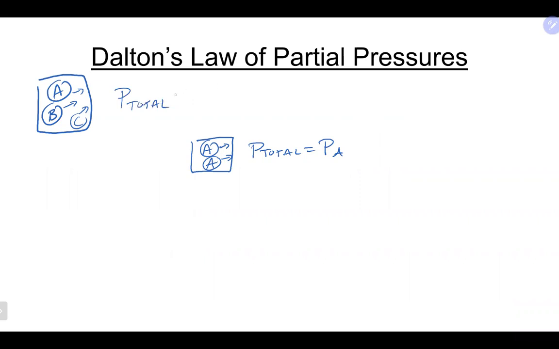And the total pressure here would be the pressure of gas A plus the pressure of gas B plus the pressure of gas C. Because they all are contributing to the overall pressure of this mixture, they are partially contributing, which is why they are referred to as partial pressures, because each one is partially contributing to the overall pressure of the entire mixture.